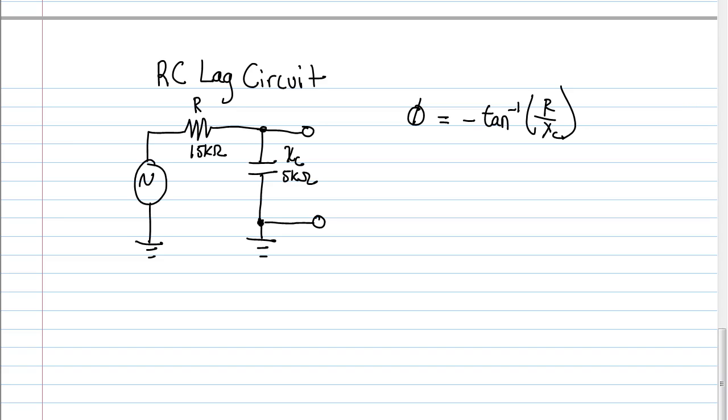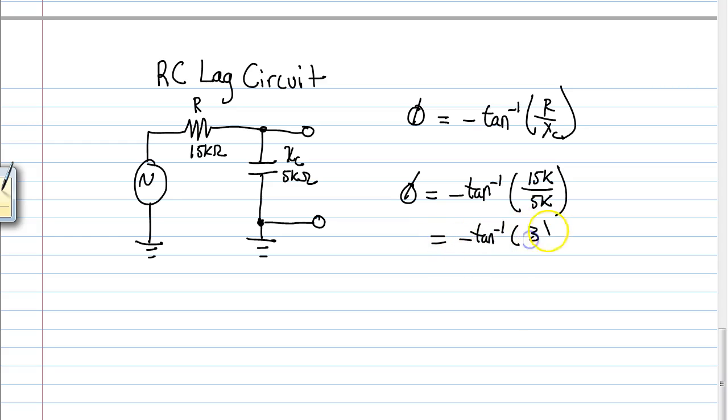Well, again, we use our formula up here. It's very simple. We say that phi is equal to the arctangent, in this case, of R, which is 15K, over 5K, because that's X of C. And of course that means it's the arctangent of 3, because 15K divided by 5K is 3. So what is the arctangent of 3?